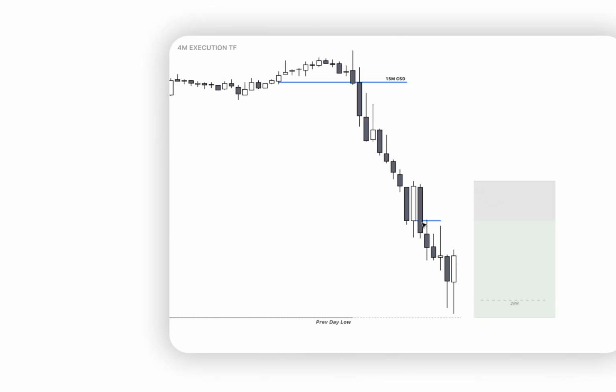And I need to see a closure below it. So basically, I need to see a strong closure through the opposing candle. That's how I confirm the order block, and that's how I confirm the strength, the volatility.